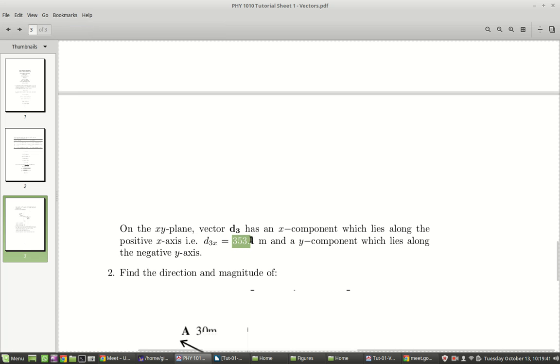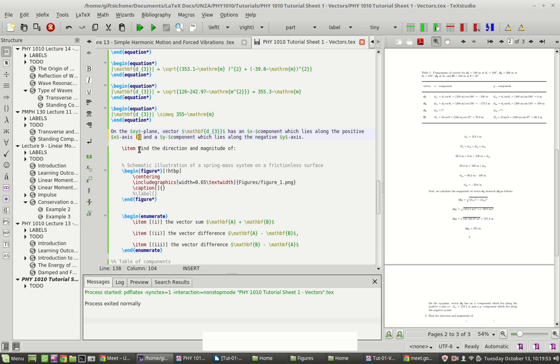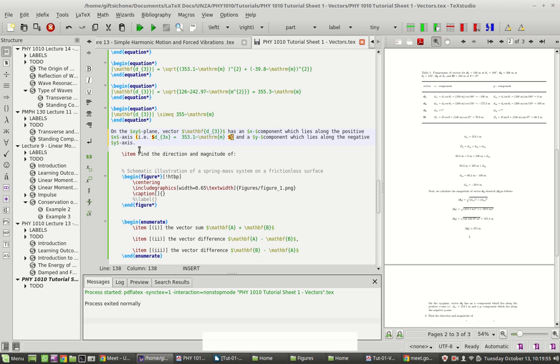It's 353.1 meters. That's the reason why we're saying that. And the y component lies along the negative y-axis. See the reason? d3y is how much?